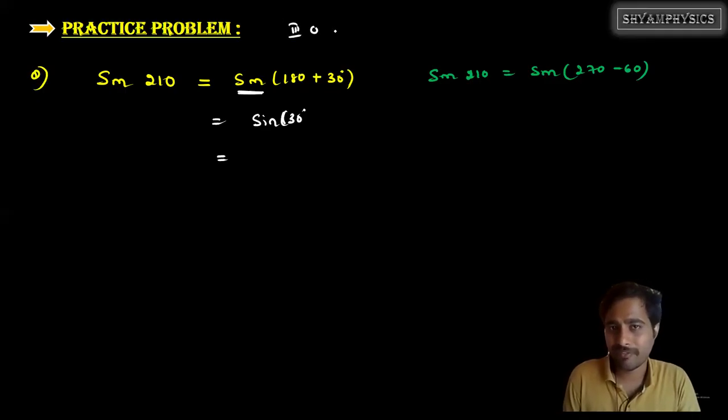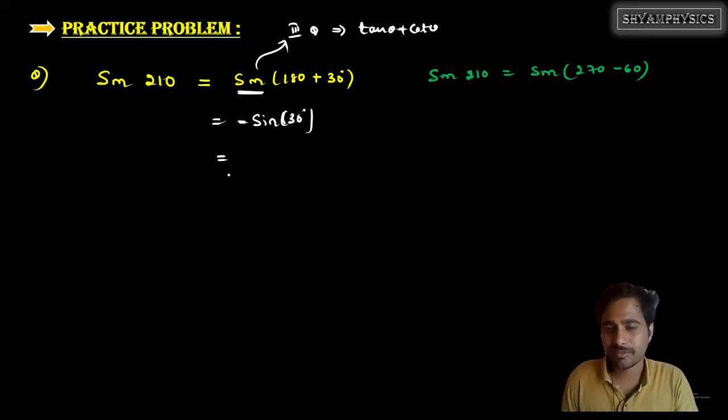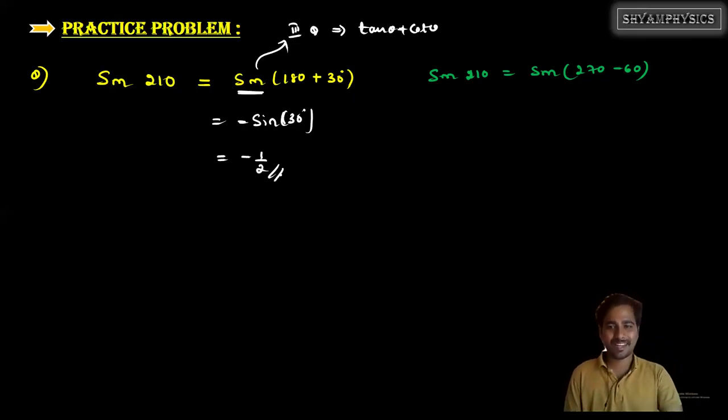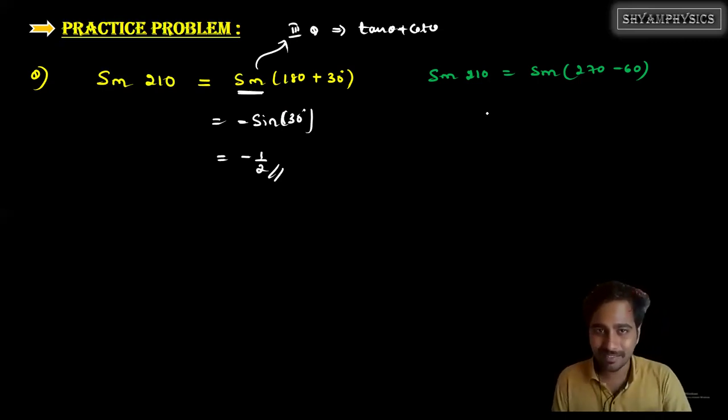In the third quadrant, only tan theta and cot theta are positive. Remaining all negative. So sine in the third quadrant is negative. So sine 30 value will now become minus 1 by 2. Understood? Next, we'll solve for the same answer here. If it comes correct, then only we can accept.